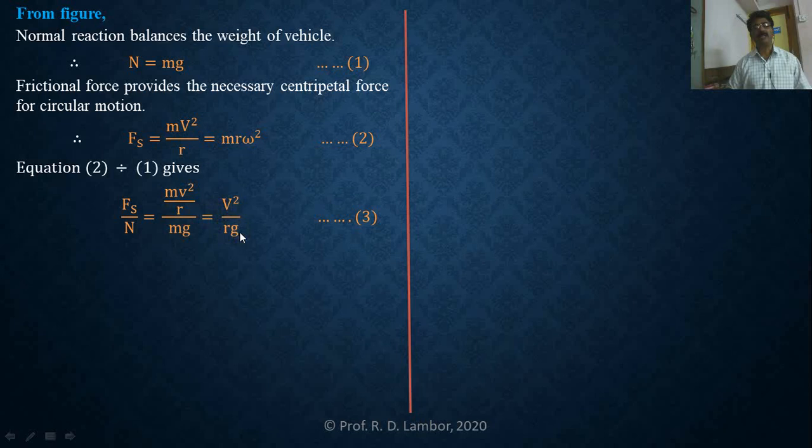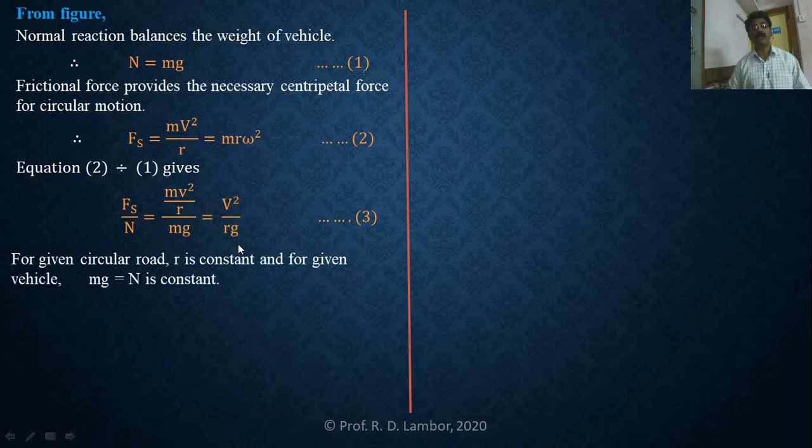If you see the equation, left hand side is Fs upon N, normal reaction. Right hand side is v square upon rg. But for a given circular road, if the circular road is the same, then its radius is constant.